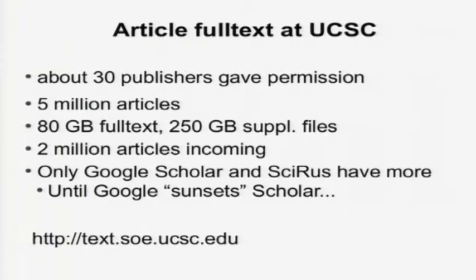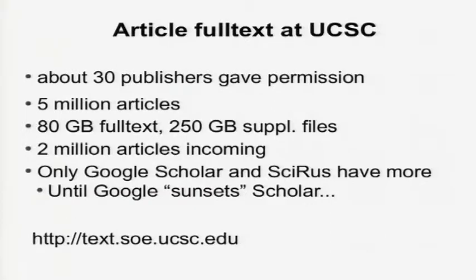And only Google Scholar and Scirus, that's the Elsevier full text search engine, if you have never heard of it, have a collection of documents like that of a similar size. It's kind of funny that there's not a lot of effort of the research community to get a set of research documents. If Google ever decides to sunset its Scholar engine, then we don't have a full text engine anymore for research articles.